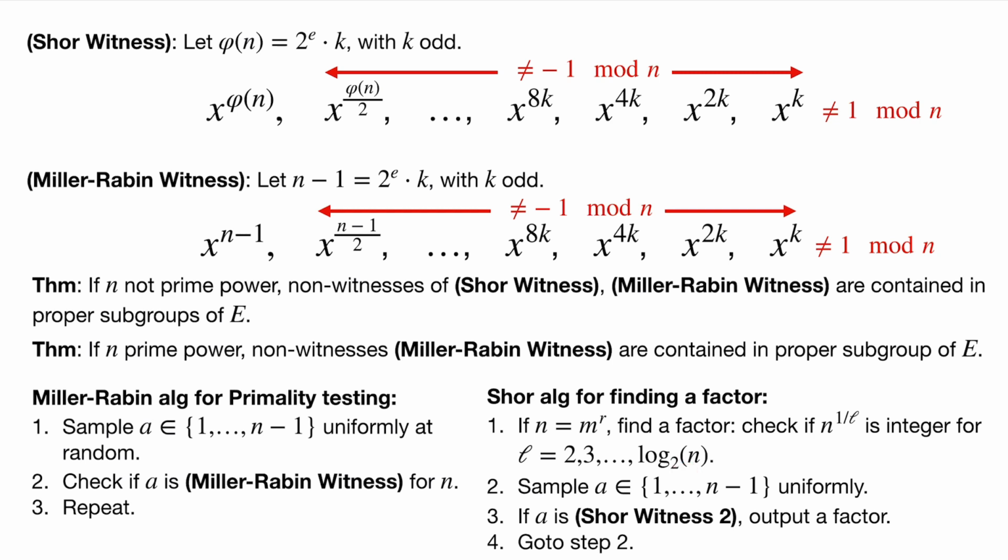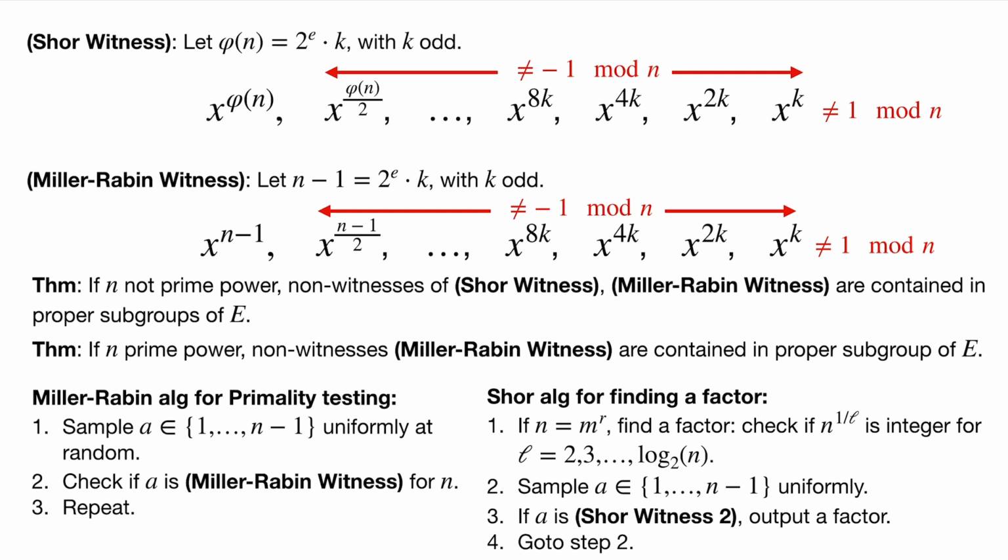So if in fact n is equal to m to the r, we found a factor in this way. Otherwise, we're in the setting of this theorem, so we can sample a random element and check whether that element is a Shor witness of type 2, which can be done efficiently on a quantum computer.